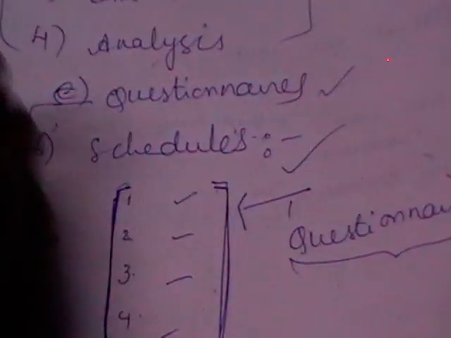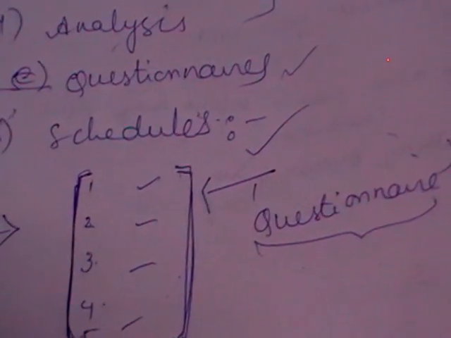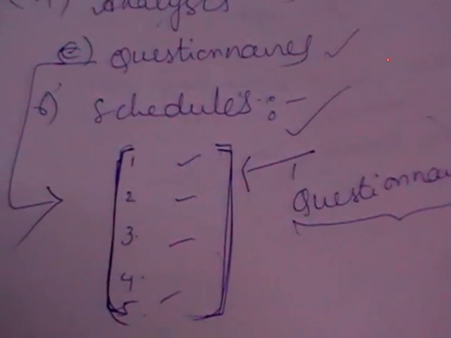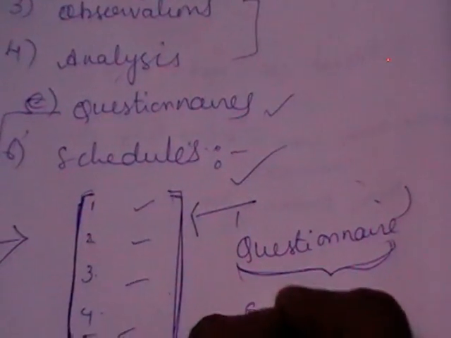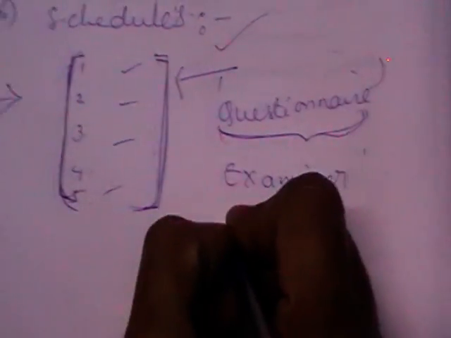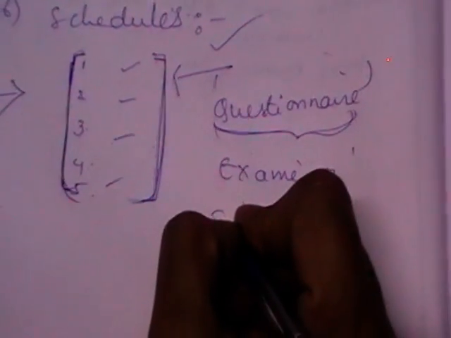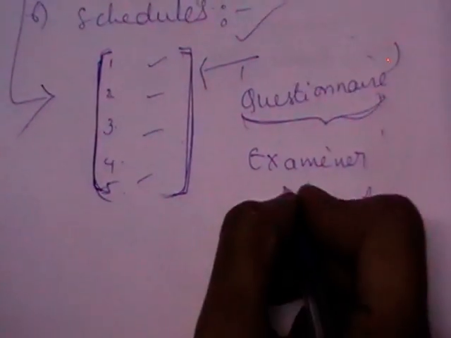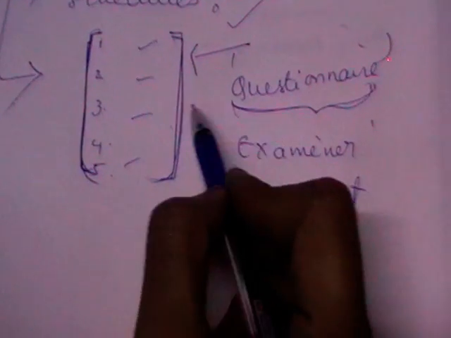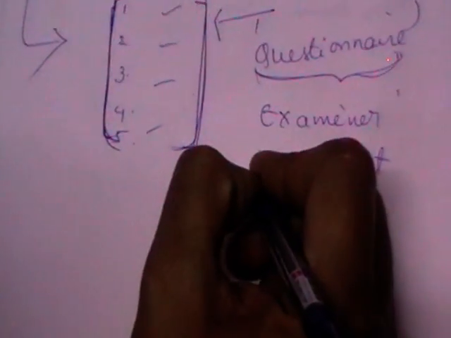The second one is schedules. Schedules are also a type of questionnaire. The basic difference between questionnaire and schedule is that under the questionnaire method, you have two parties, the examiner and the respondent.